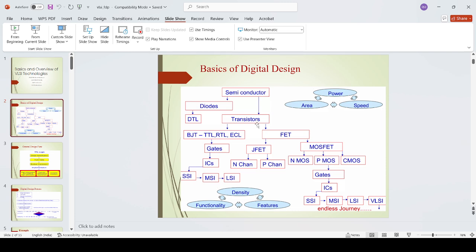And by using the transistors, we have two different types of transistors. They are BJT and FET.